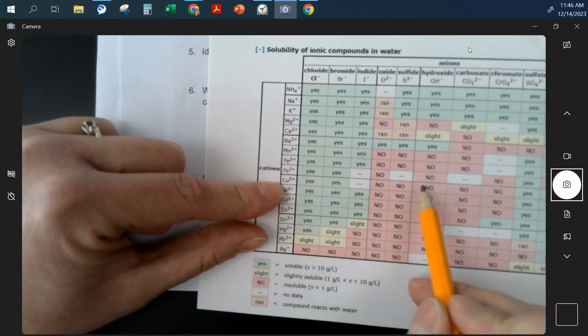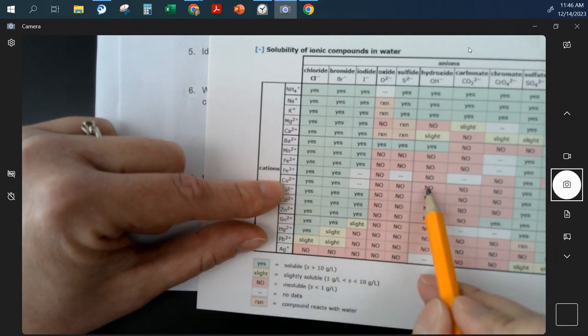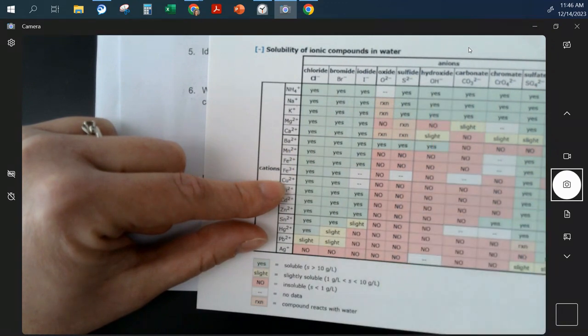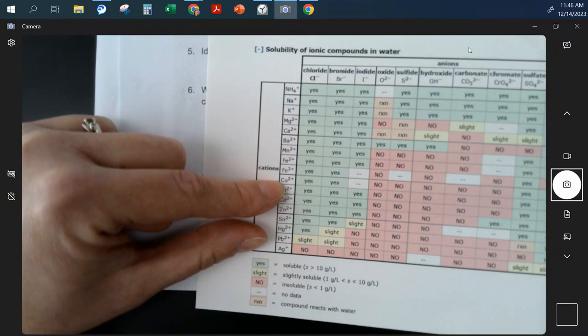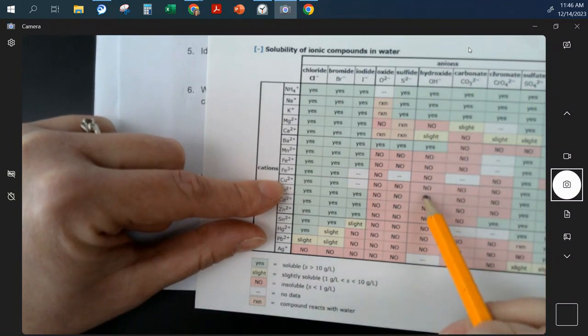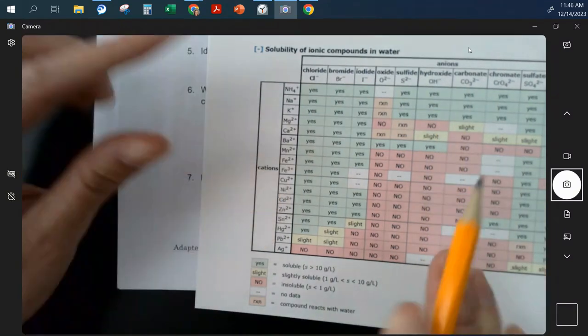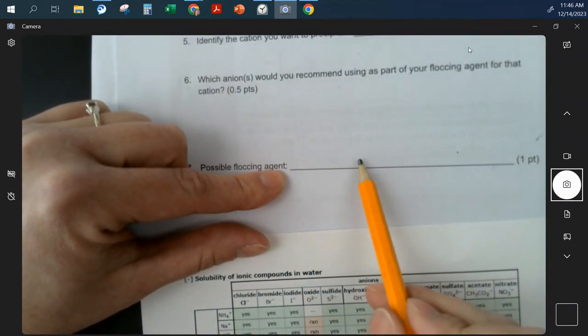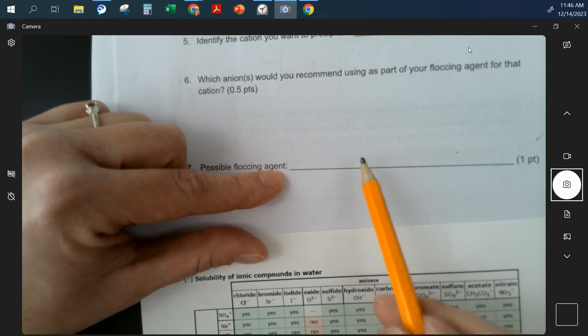Like if I want to precipitate copper and I want to use hydroxide, maybe I want to add sodium hydroxide because that's soluble. Then the hydroxide will dissolve, and it can react with the copper and make it a solid and precipitate. So my answer would be sodium hydroxide. Does that make sense?